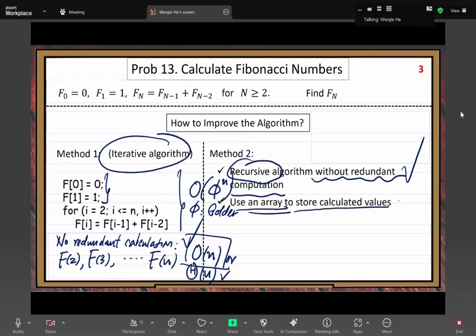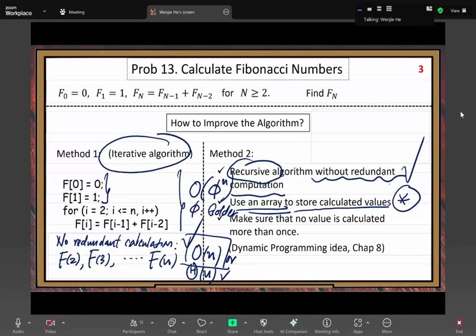This is the key idea of this implementation approach. Make sure that no value is calculated more than once. That's the way we avoid redundancy.